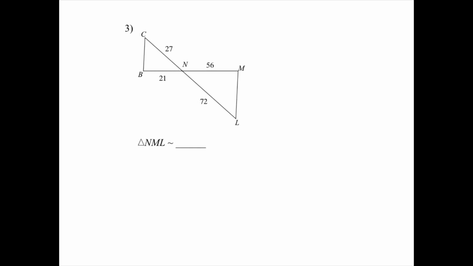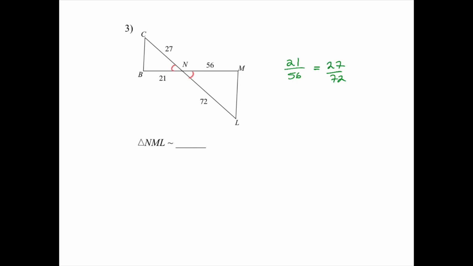Okay. So in this case, I know again that this angle is congruent to that one because they are vertical angles. Now, I know that this side is corresponding with that one. So 21 divided by 56 has to equal 27 divided by 72.